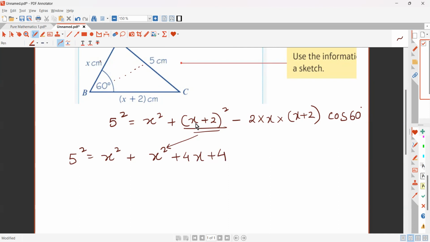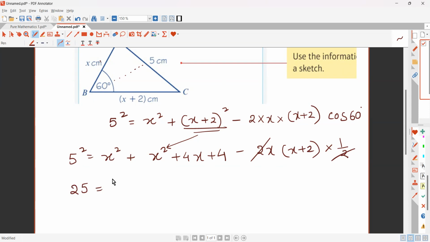You understood what I did here, right? a square plus 2ab plus b square, minus 2x into x plus 2 times cos 60. What is cos 60? Can somebody tell me? Half. So in this case, 2 and 2 get cancelled. 5 5s are 25.